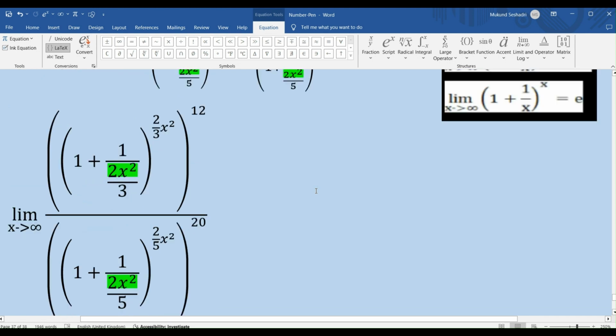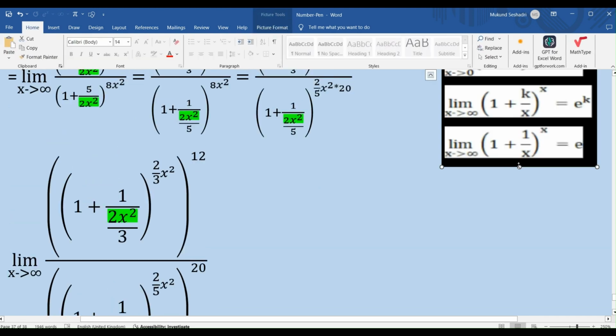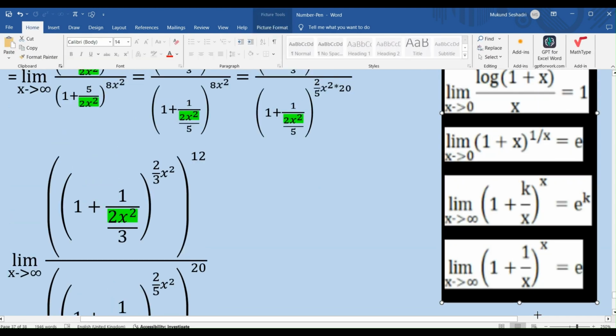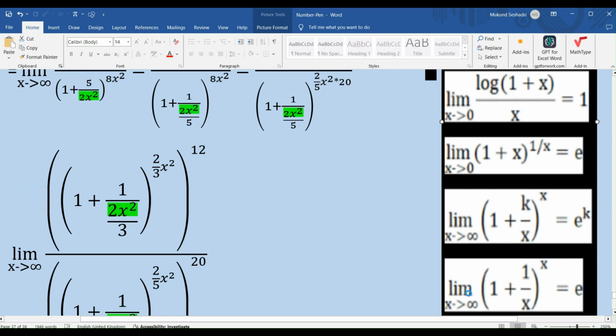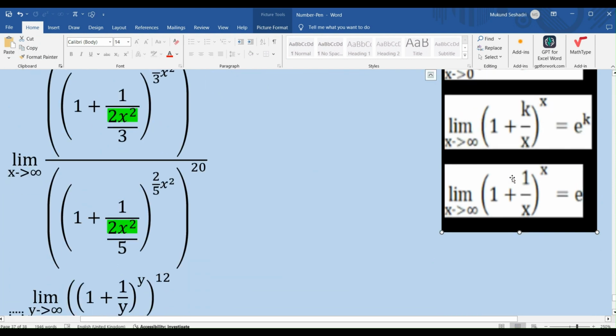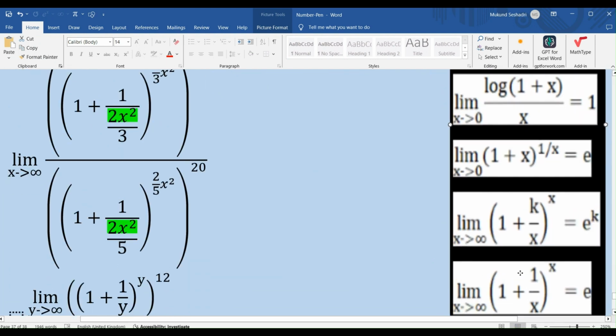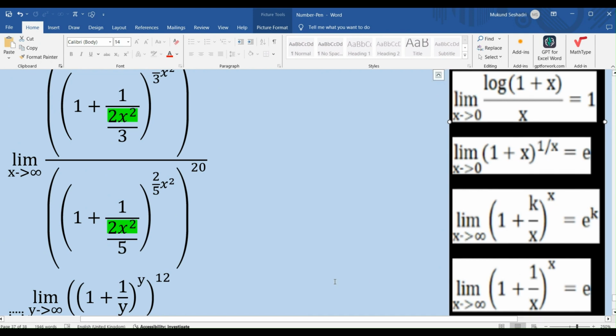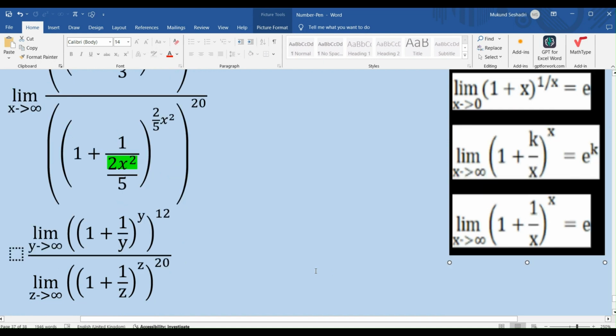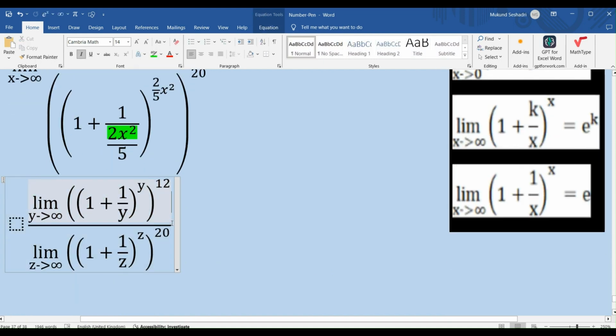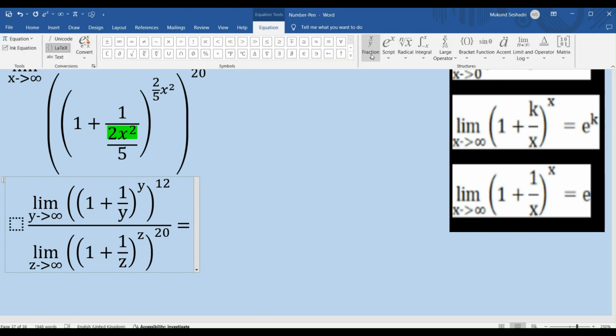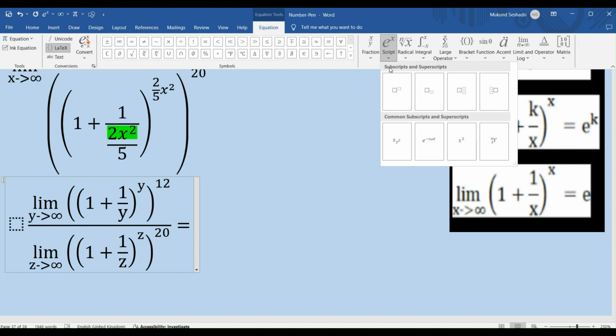So I'm going to use this formula. Sorry, folks, we pull this down. We're going to use this formula, 1 plus 1 by x, the whole power x, as x tends to infinity equals e, right? So what happens to the first part of my expression becomes e to the power 12, right?